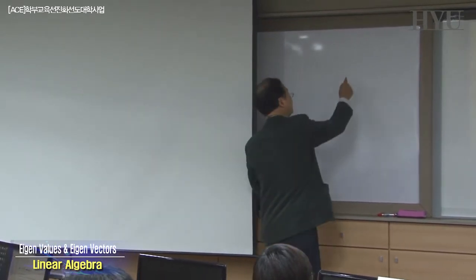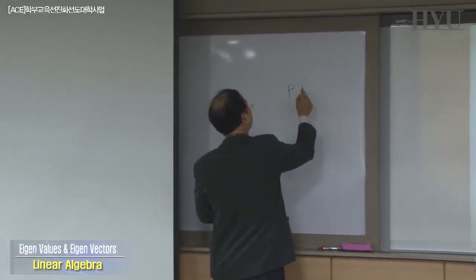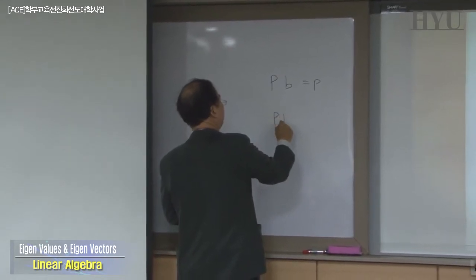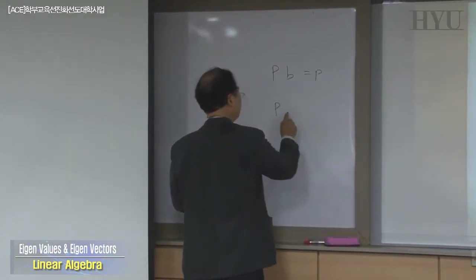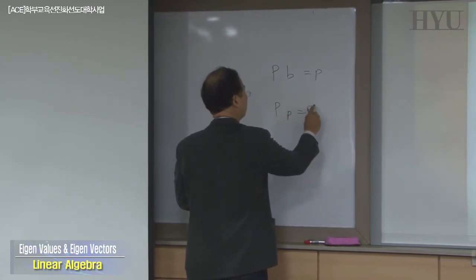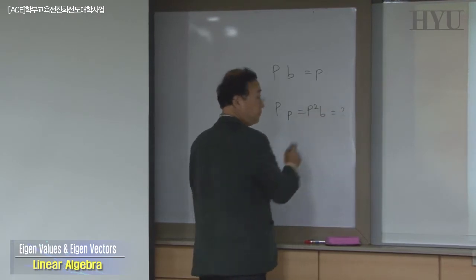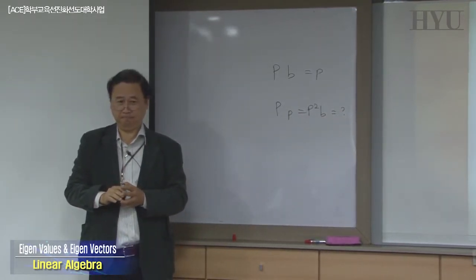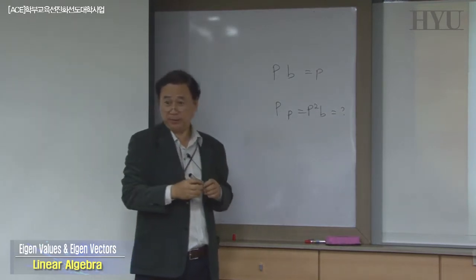Basically, I'm asking: once you apply P, it becomes Pb. What happens when you apply P again, that means P squared b? What's this for the projection? Still Pb, right?